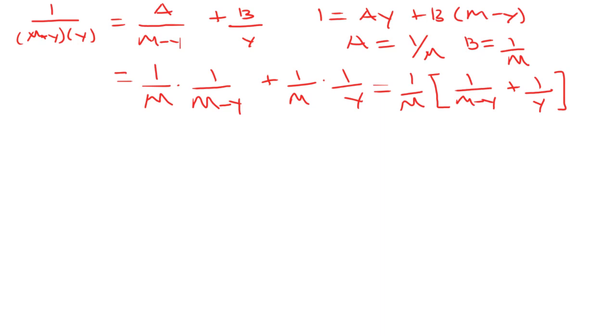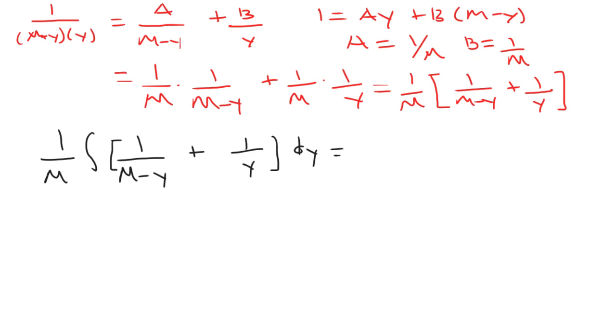So we have 1 over m, and then the integral of 1 over m minus y plus 1 over y, which equals 1 over m multiplied by the integral of this, which would be negative the natural log of m minus y, plus ln of y.